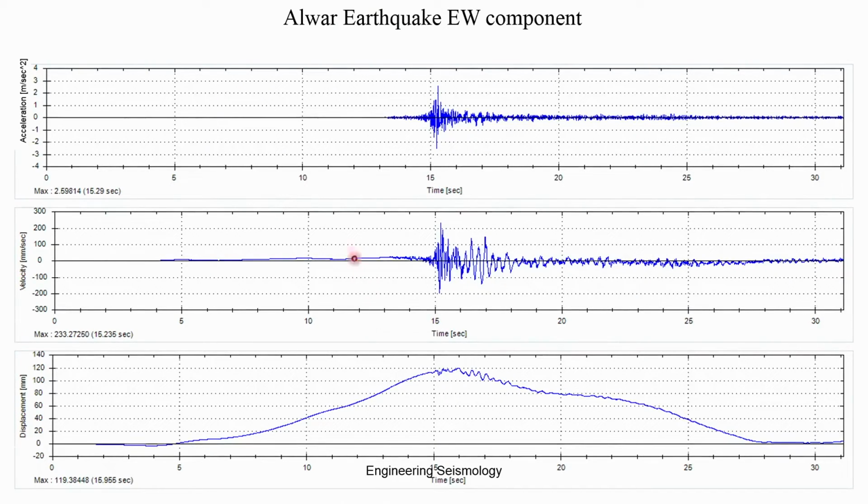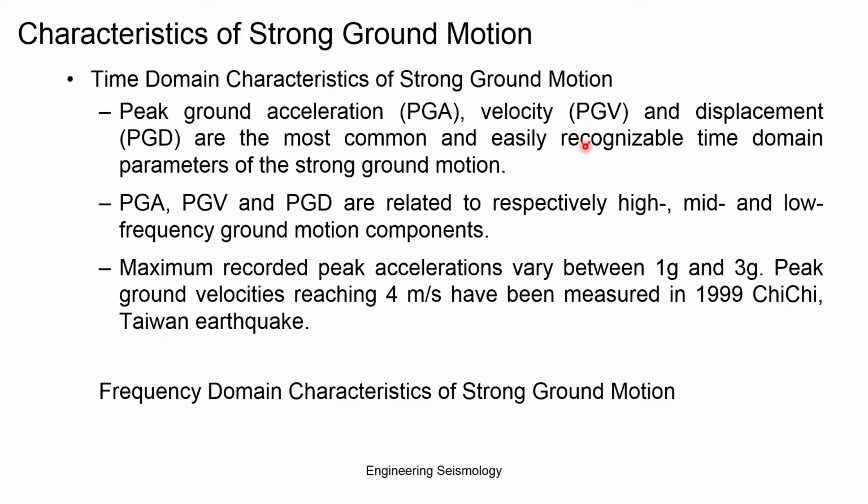This is the typical east-west component of an earthquake which is reported. You can see how the data changes. One of them might be recorded, and the remaining are obtained by integration or differentiation. From this, you can estimate the time domain parameters: peak ground acceleration, peak ground velocity, and peak ground displacement. This is just a single peak value in this plot.